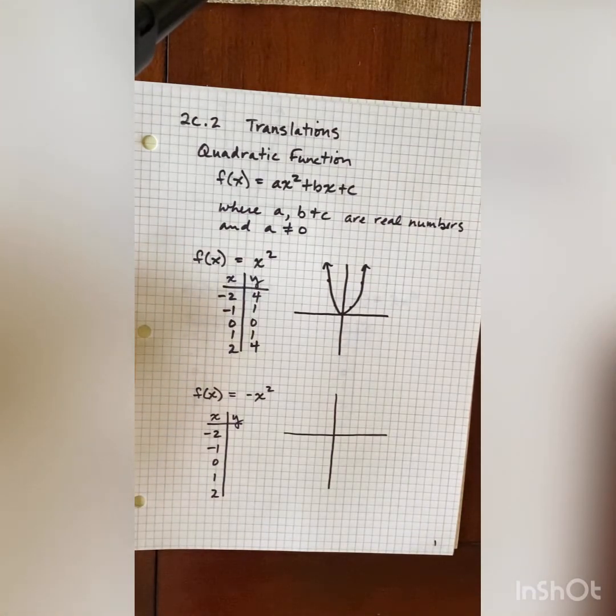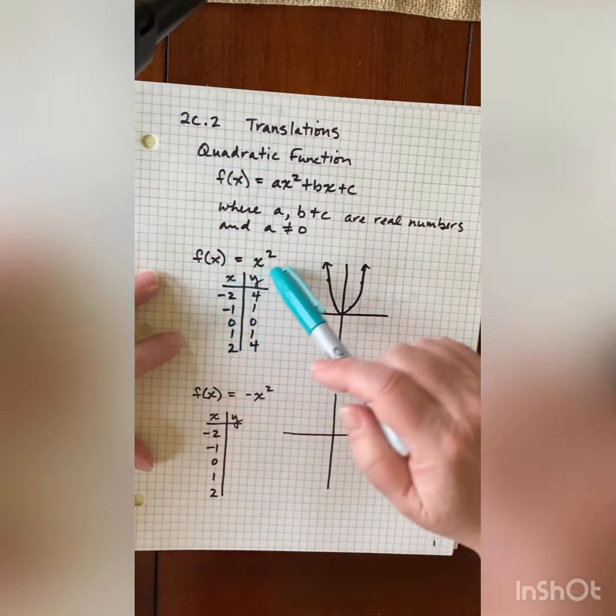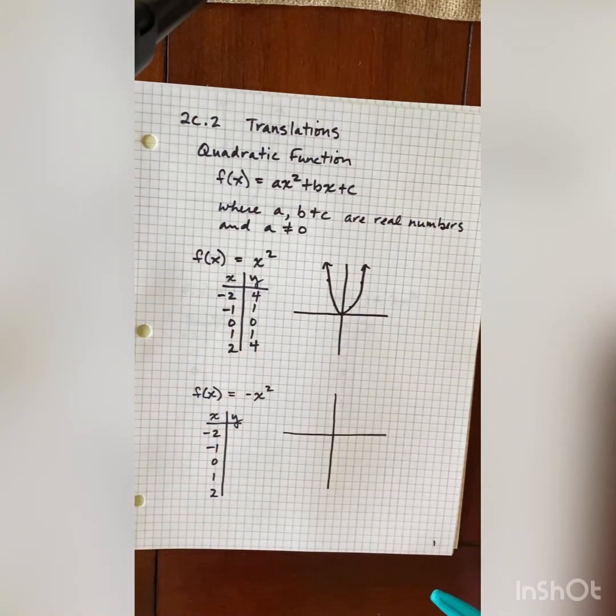So yesterday, or the previous video, we looked at f of x equals x squared, and we got this right here. So what we're going to do is compare other graphs we make to this one right here.